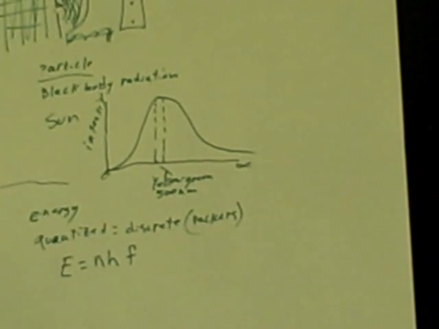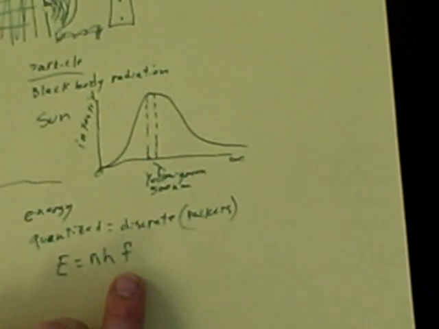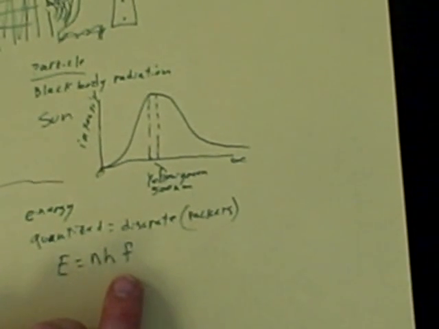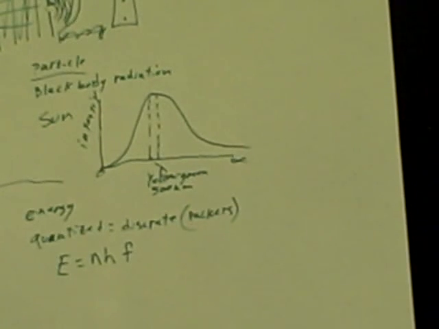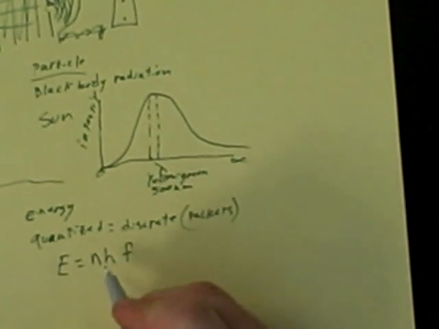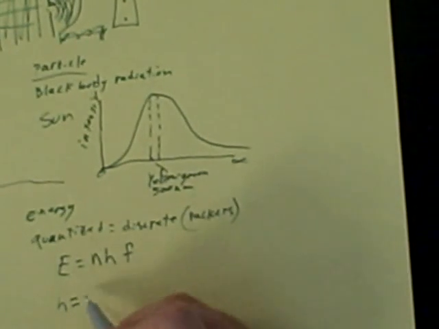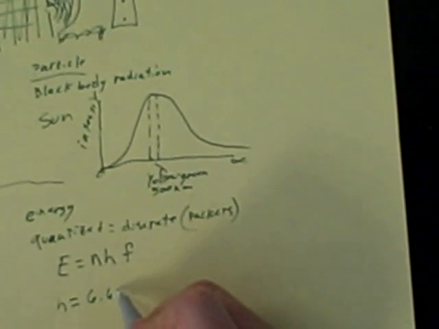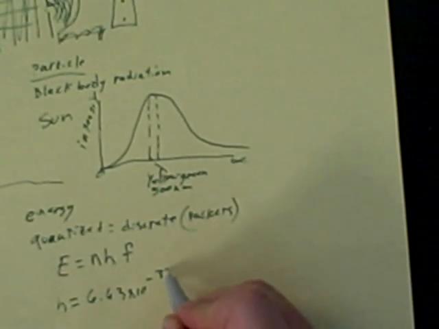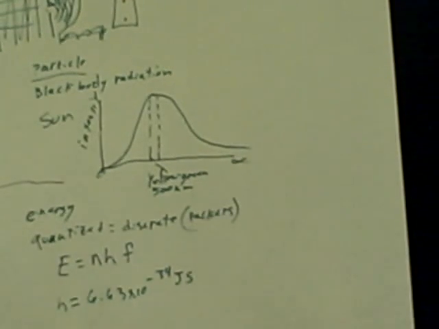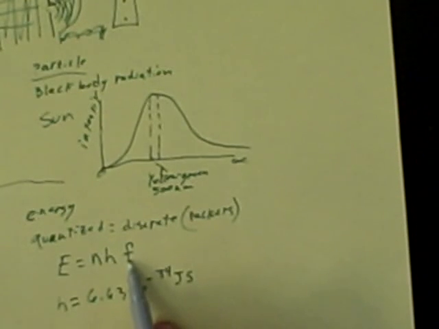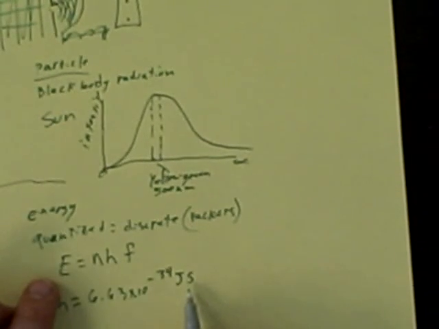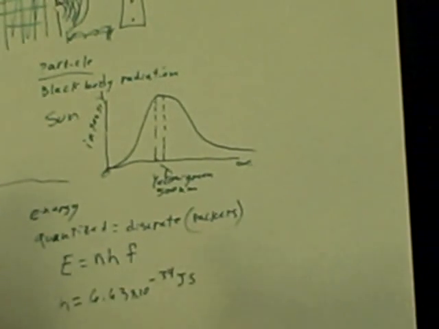So this is saying that only specific frequencies are allowed to give off light. Now, Planck's constant here, h, is equal to 6.63 times 10 to the negative 34th joule seconds. So when you look at this, you have frequency in inverse seconds, h is in joules times seconds, so your energy will be in joules when using this equation.